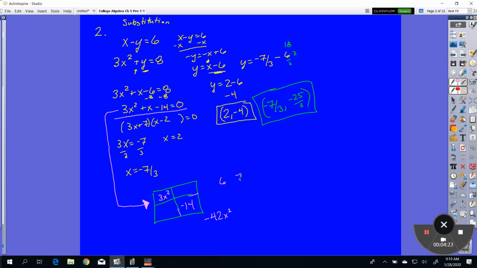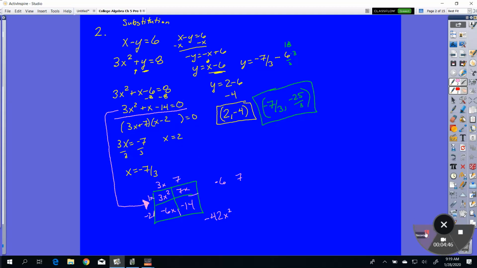So 6 times 7 makes 42. If that's a negative, 7 minus 6 makes 1, so I can put those in here. 3 and 6 are divisible by 3, so that's a 1x. That's a negative 2. And 1 times 7 is there. So that's where I get 3x plus 7 and x minus 2, if you're wondering where I got the factoring stuff from.